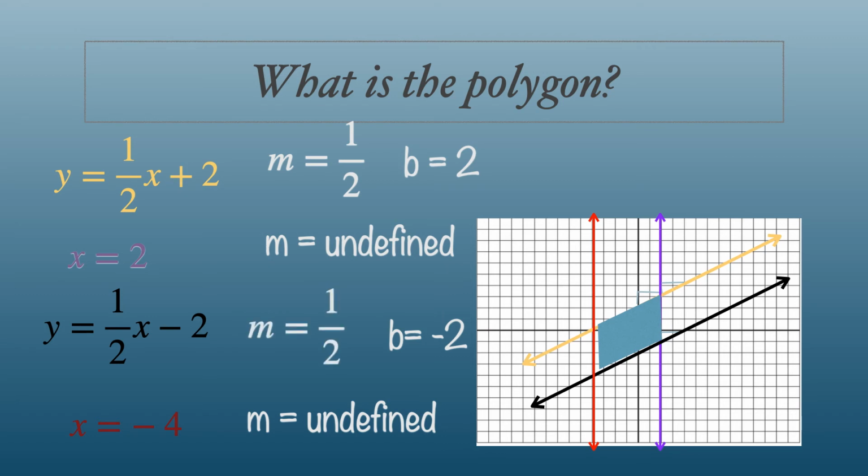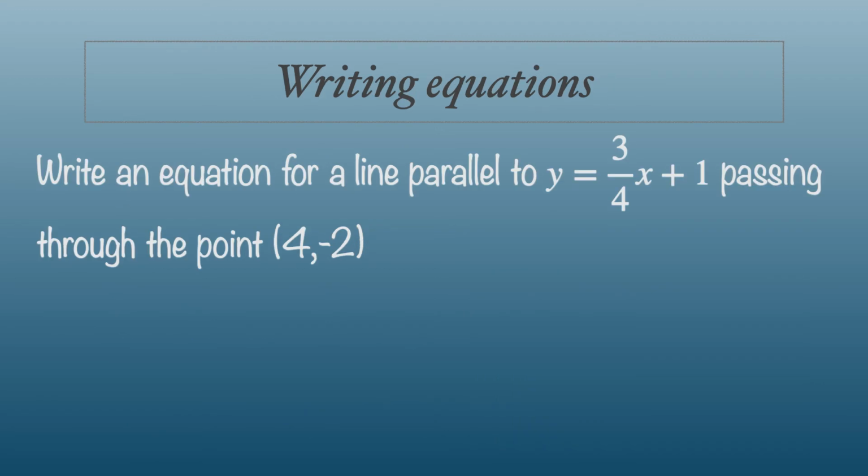I know it's a parallelogram because the slopes of opposite sides are the same. All right. So if I was asked to write an equation for a line parallel to y equals 3/4 x plus 1, passing through the point (4, -2), what I would do first is know that for a parallel line, I have to have the same slope.